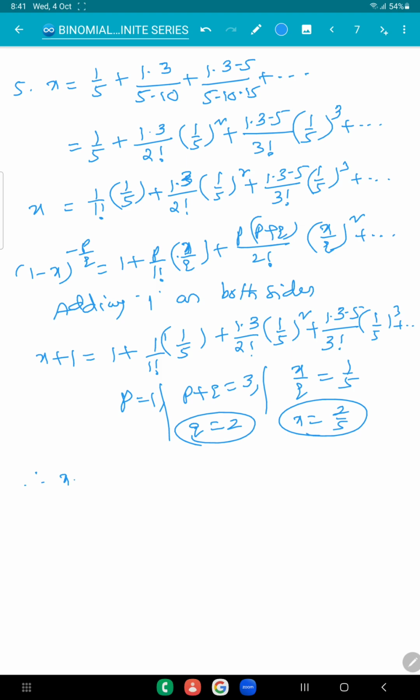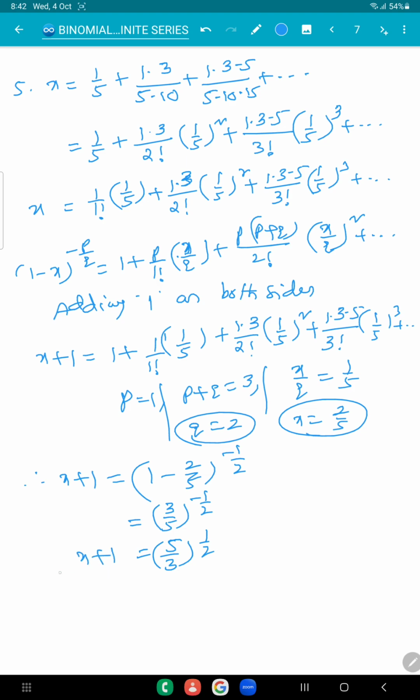So therefore x plus 1 is equal to, the right hand side, this expansion is 1 minus x whole power minus p by q. So that is equal to 5 minus 2, 3 power minus 1 by 2. I am wrong. 3 by 5 whole power minus 1 by 2. This can be written as 5 by 3 whole power 1 by 2.